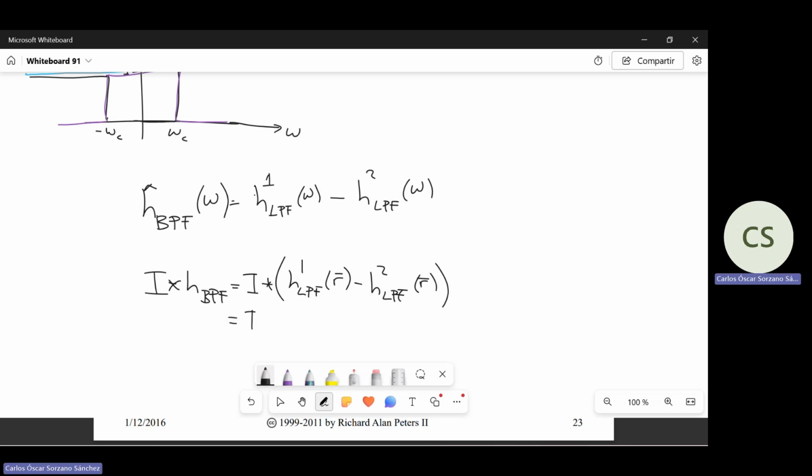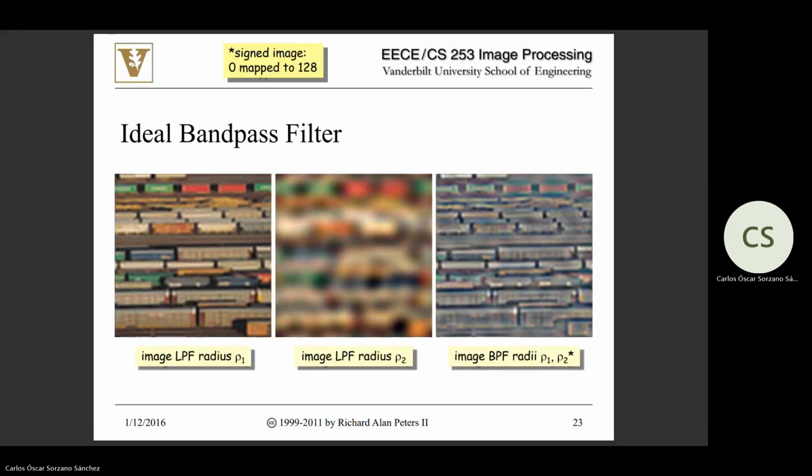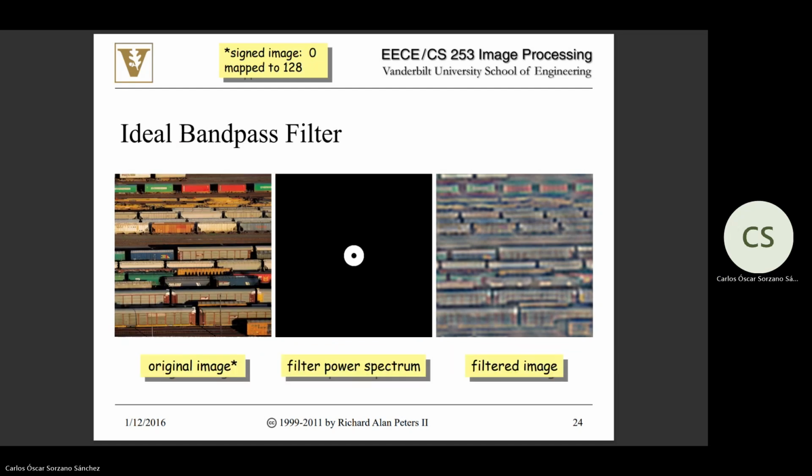But this is the convolution with the first minus the convolution with the second. That means you do two low pass filters, and then you subtract the two. And this is the result.